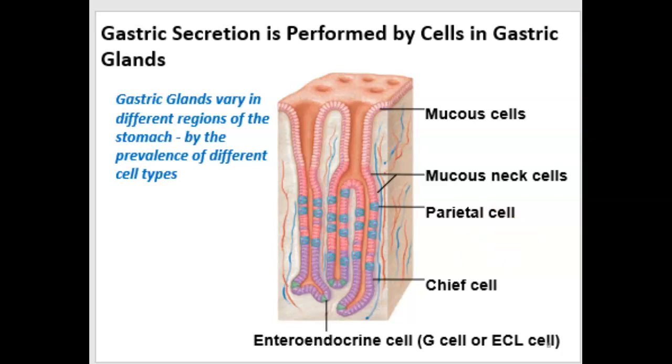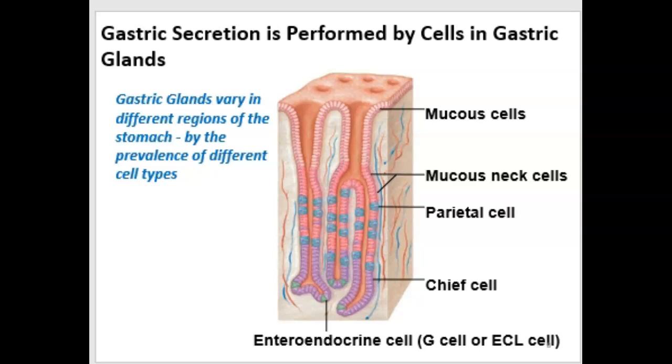And probably everywhere you'll have all these other types of cells too: the parietal cell, the chief cell, and enteroendocrine cell. But the type of enteroendocrine cell will vary, and the numbers of parietal cells versus chief cells will vary in different regions. But we're just going to learn the functions of all these and kind of assume they're everywhere in the stomach, which isn't terribly far from the truth.